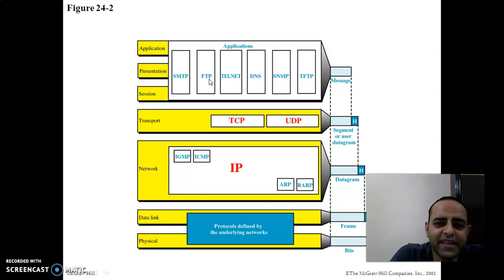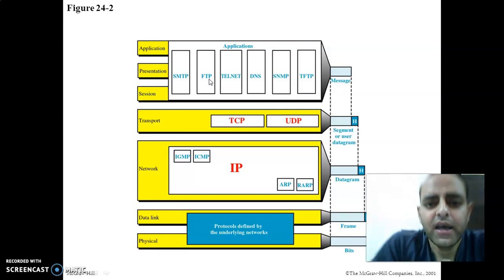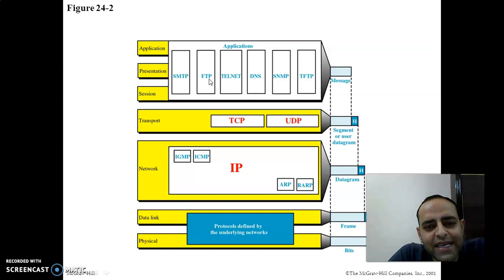Then we have the DNS, that is Domain Name System, or also called Domain Name Server. Generally you refer to your websites like www.yahoo.com, or any site like gmail.com, but their actual address is an IP address.